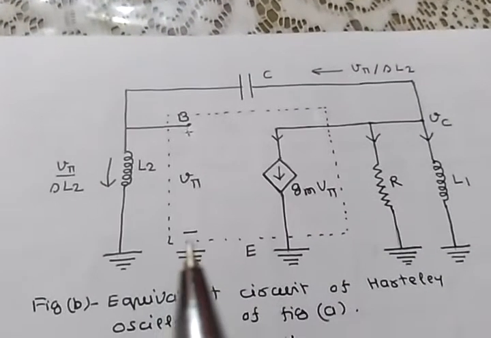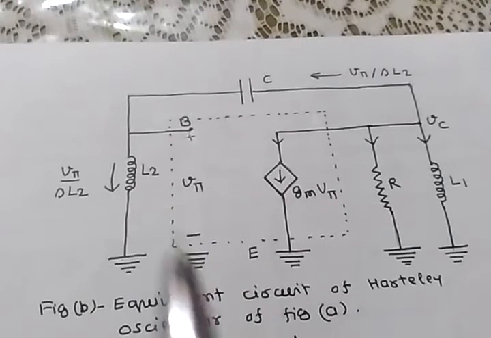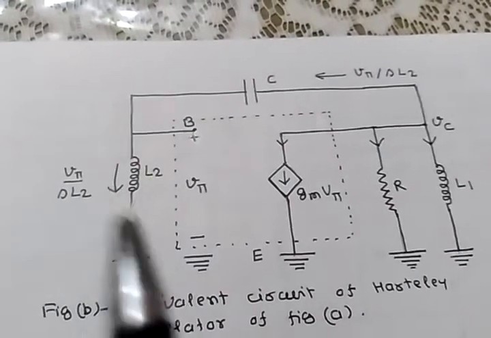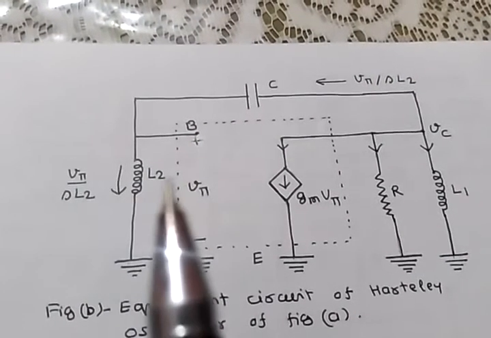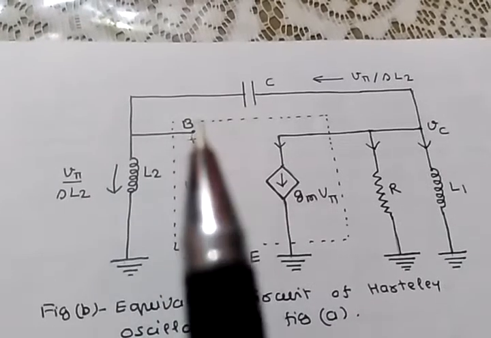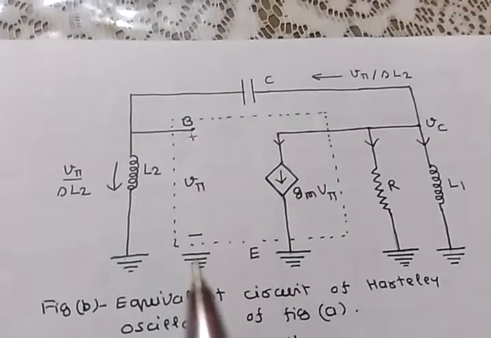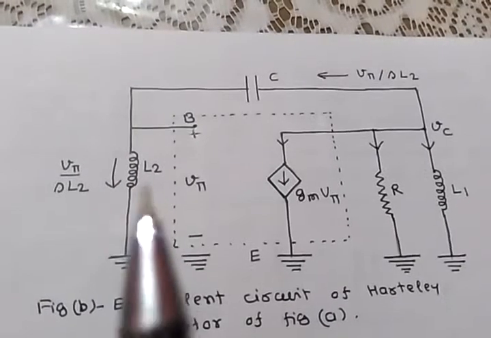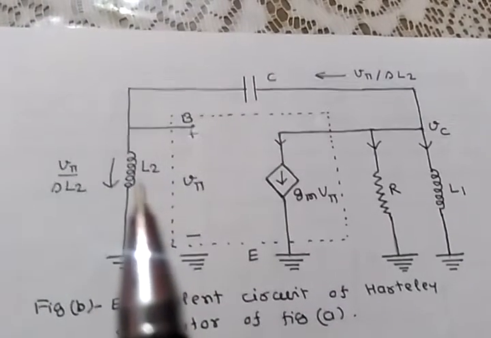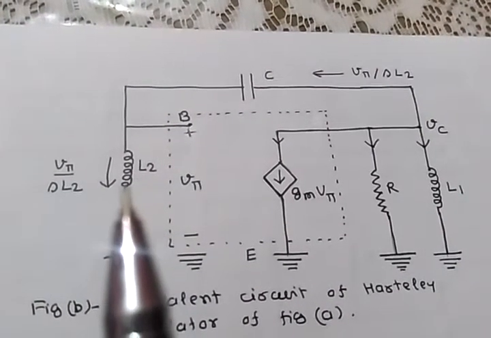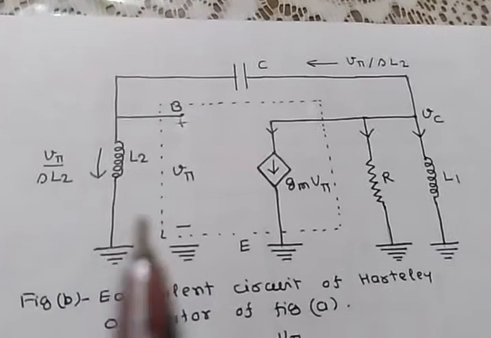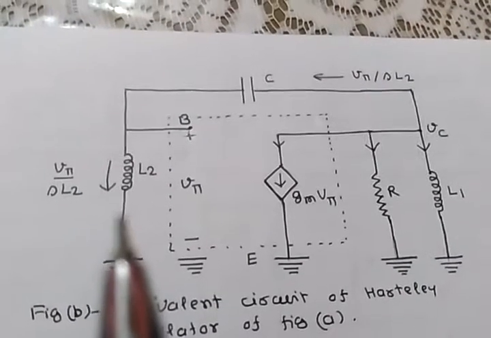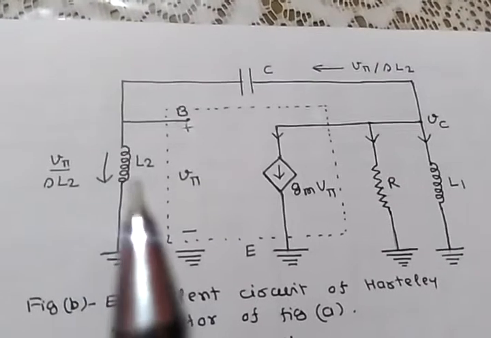As indicated in the figure, the voltage across this inductor is the voltage between base and emitter, V pi, and the impedance of this inductor is SL2, because we already know the impedance of an inductor having inductance L is SL.